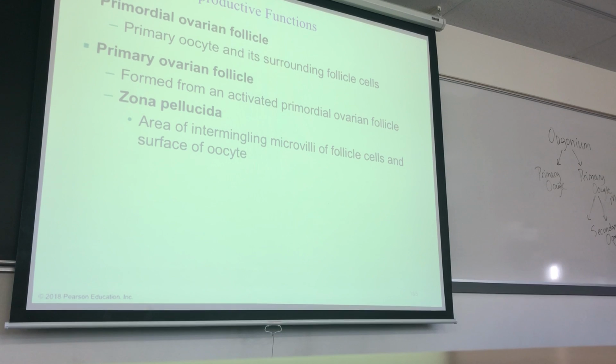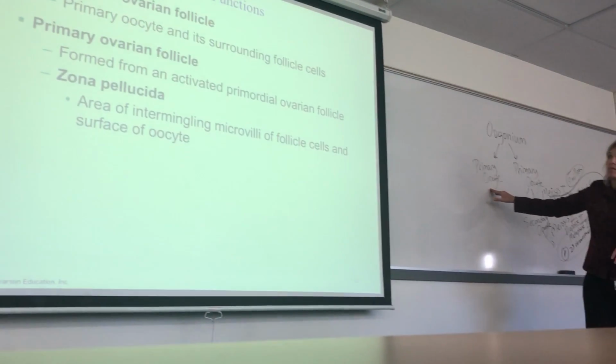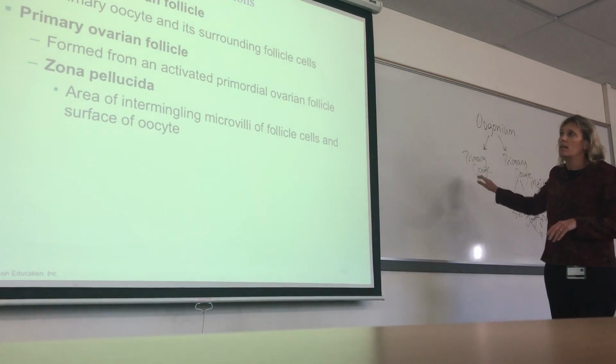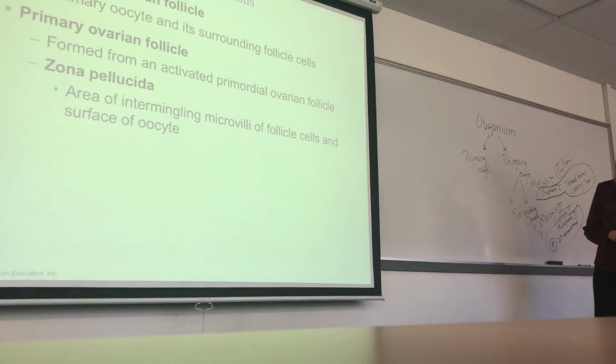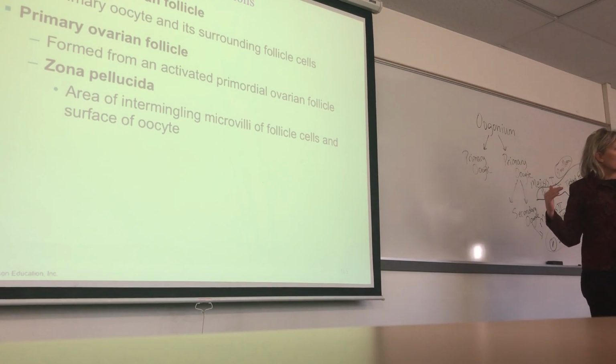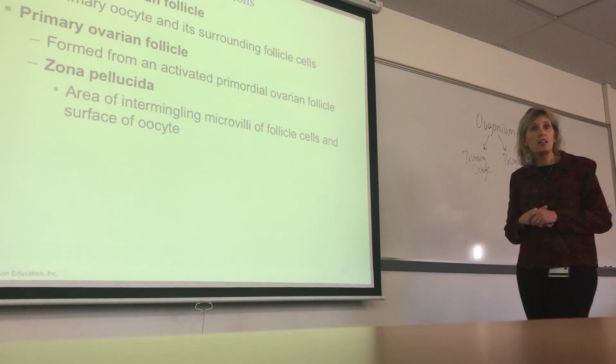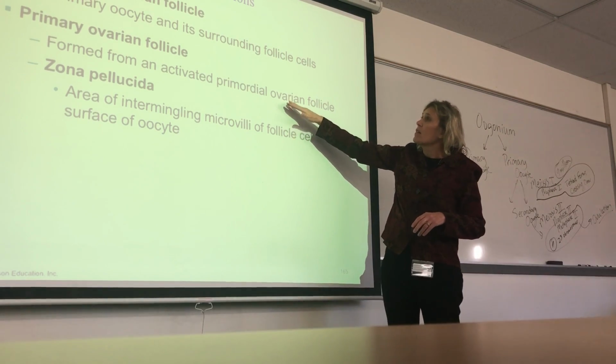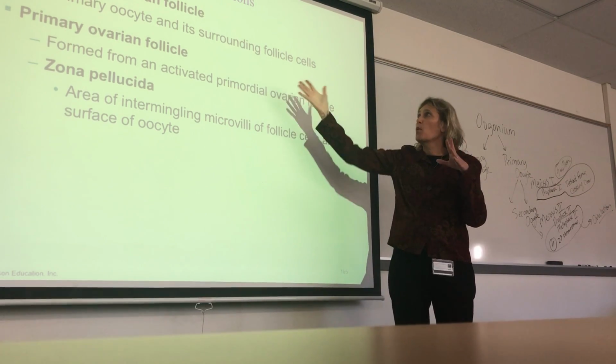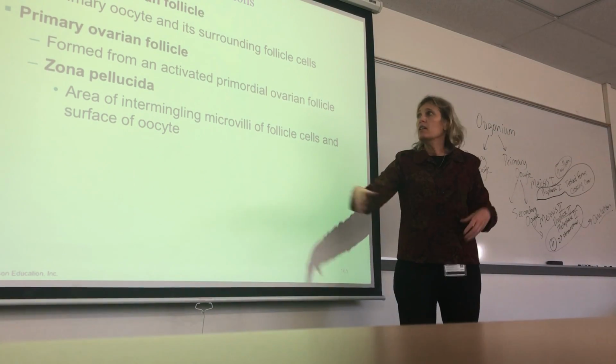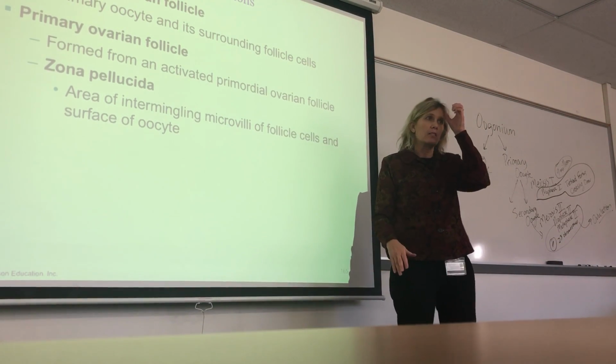So she starts out with these primordial ovarian follicles, and the primordial ovarian follicle surrounds the primary oocyte. And then once a month, FSH is going to stimulate that primordial follicle to start developing. So the primordial follicle develops into a primary ovarian follicle.